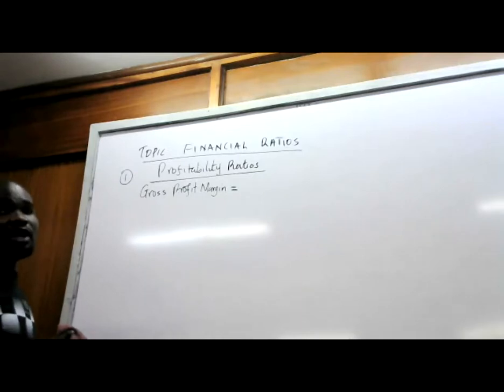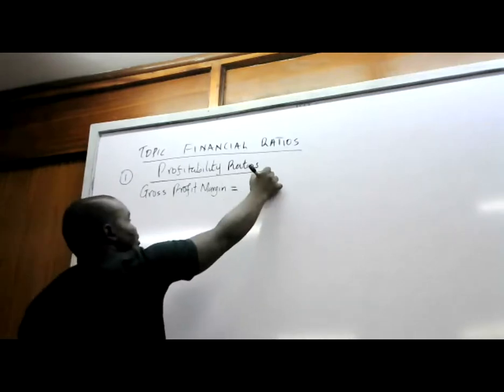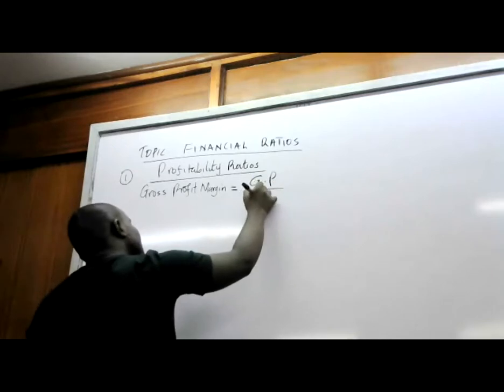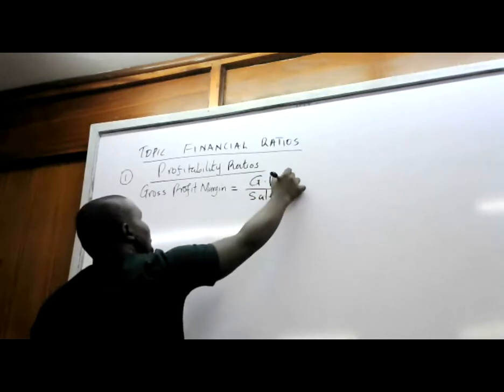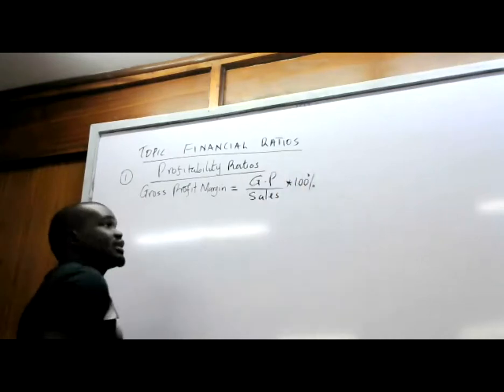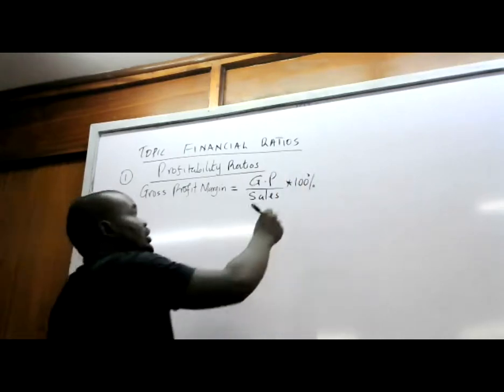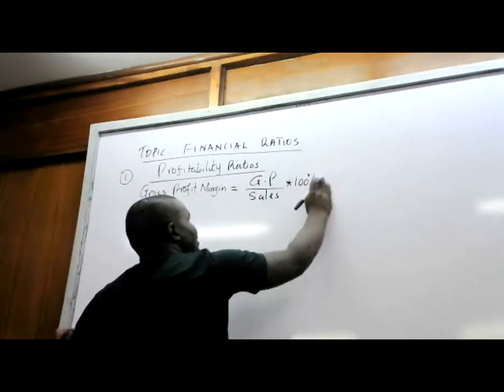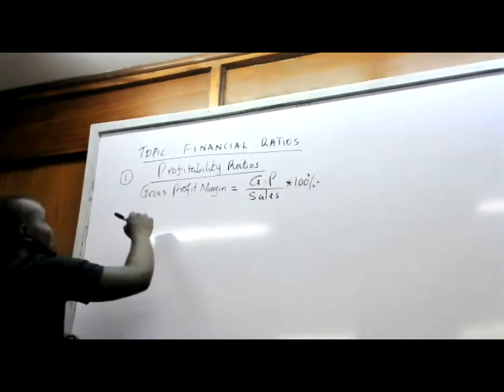You take the gross profit, divide by sales, multiply by 100%. The higher the better. Just leave it like that first.